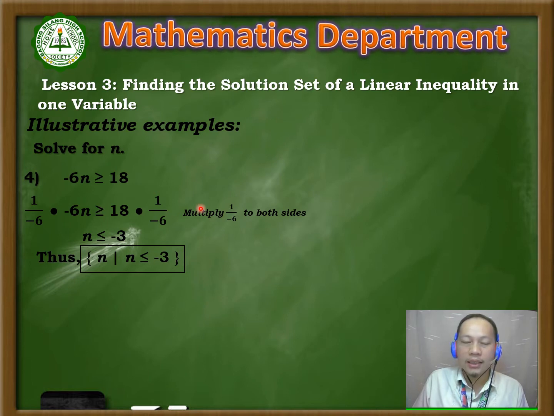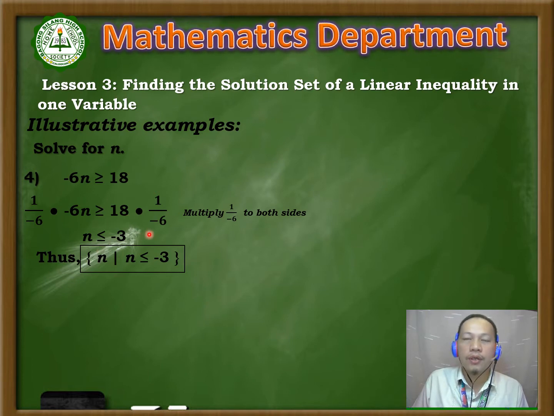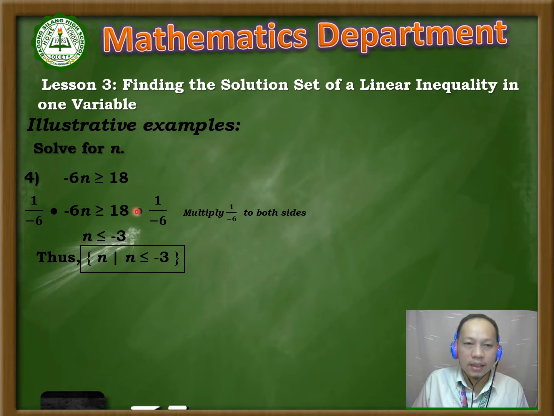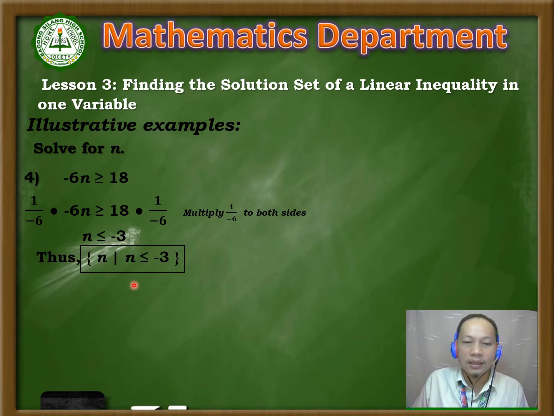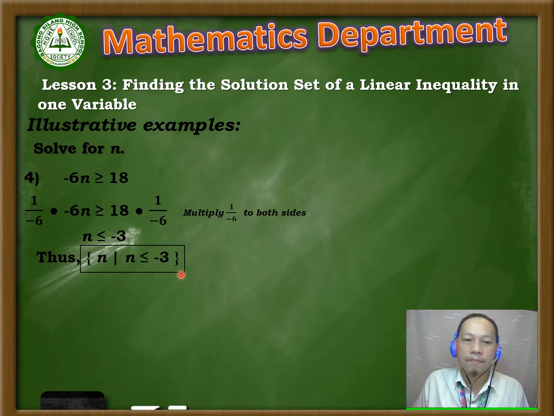And on the other side, negative 1/6 or 1 over negative 6 of 18, so that's negative 3. And therefore, the solution set of this inequality is n such that n is lesser than or equal to negative 3.